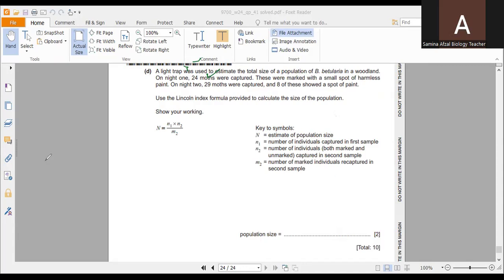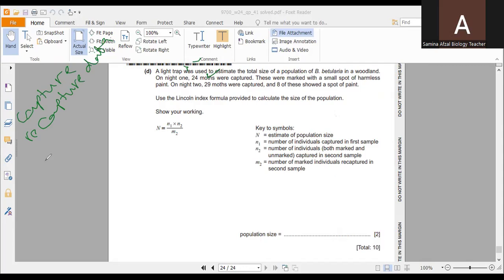The question is, they have asked us to apply the Lincoln index formula to estimate the population size of the peppered moth, which is based on capture-recapture data.